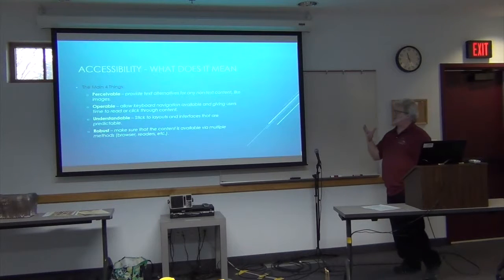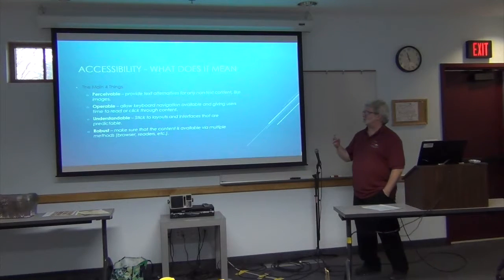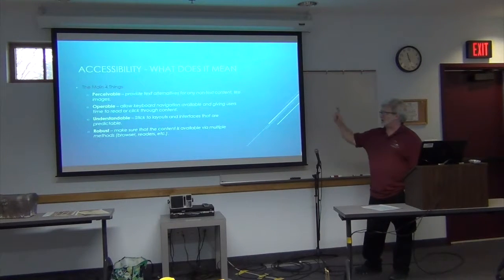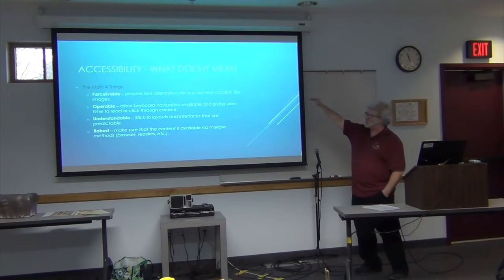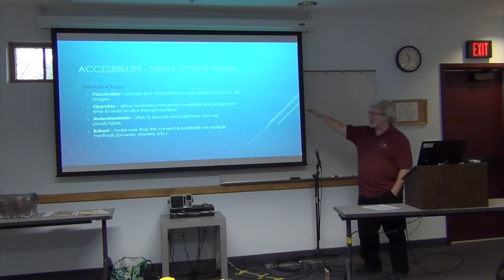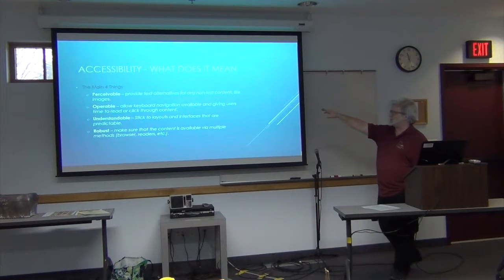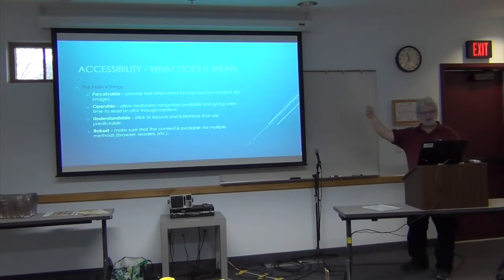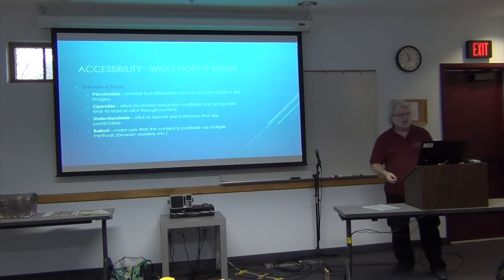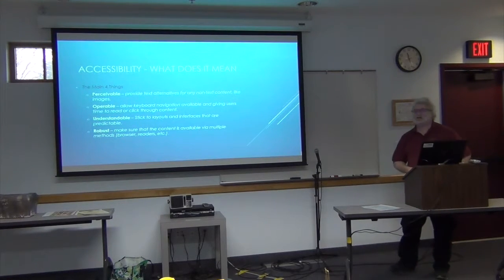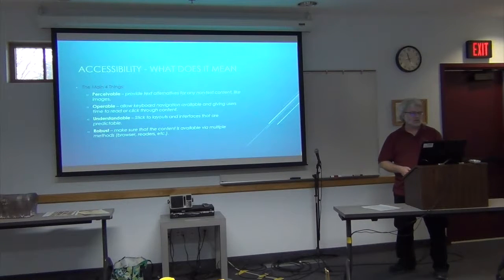So the main 4 things to pull out of accessibility is we have to have our websites be perceivable, operable, understandable, and robust. The biggest takeaway from perceivable is making sure you put alternate text into all of your images.